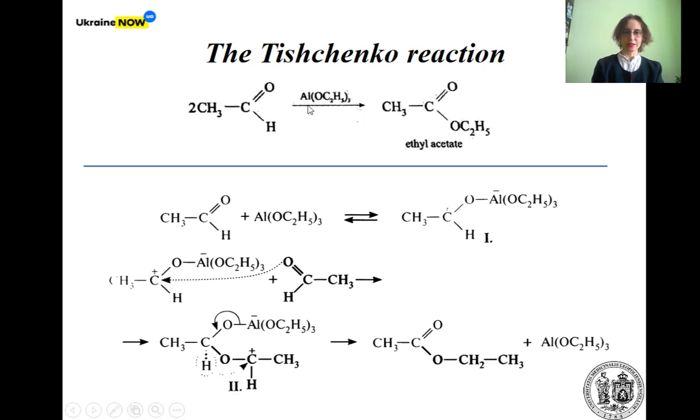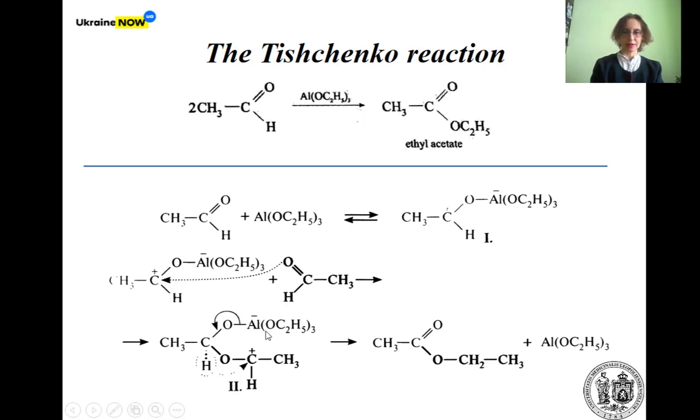The catalyst in this reaction is aluminium ethylate. The first stage of this reaction is the addition of this catalyst to the oxygen of the carbonylic group, and this forms an ion with negative charge at aluminium. Then this activated particle is attacked by one more molecule of aldehyde and a product of addition is formed, with positive charge at carbon and negative charge at aluminium.